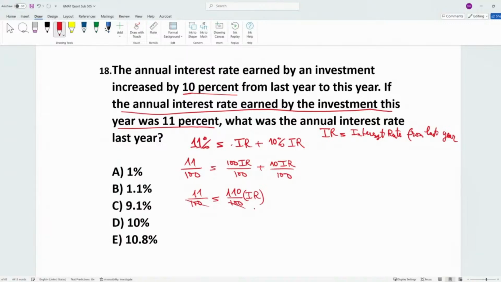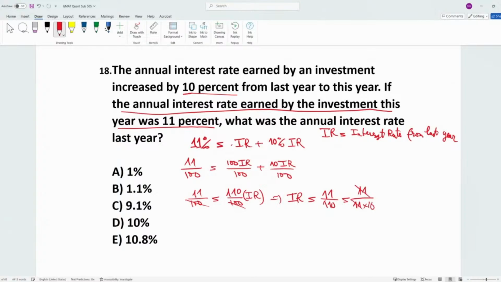This will simplify, and simply IR, because we want to find what was the annual interest rate last year. So IR is equal to 11 over 110. You know that 110 is actually 11 times 10.